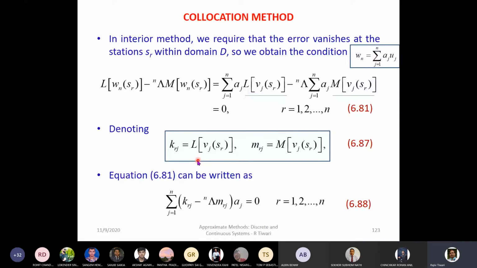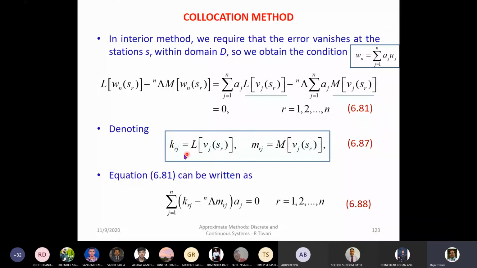Now we are representing this underlined term as KRJ, and this other underlined term is called MRJ. These are the stiffness coefficient and mass coefficient. Here VJ is there instead of W, and SR is the location of the station on the beam or any structure.